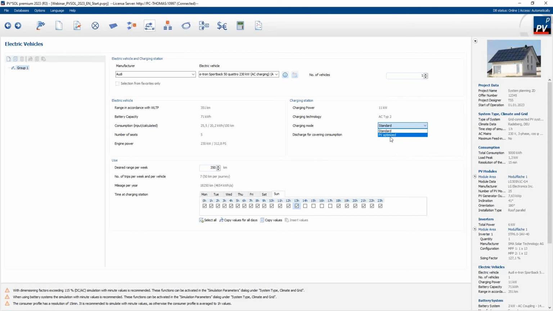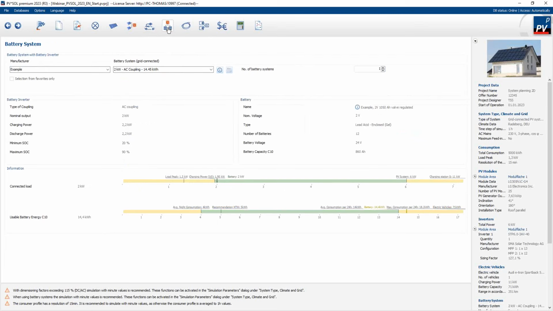If you select PV optimized, then the battery is also charged, no matter if PV energy is available, but only up to a certain charging state, and this is the state that lets you drive the next trip safely. Standard fully loads, and PV optimized only to the point that you can drive safely. Of course, if PV energy is available, then it's charged up to the limit. Okay, I think that's it for the electric vehicle.